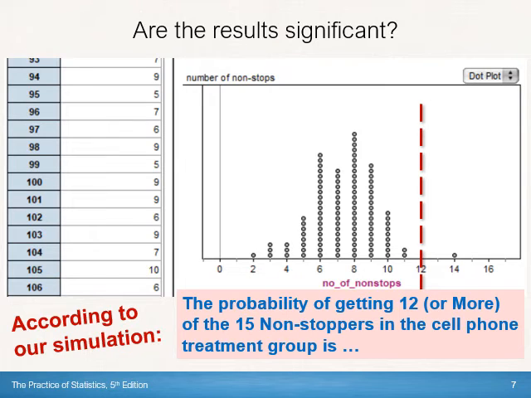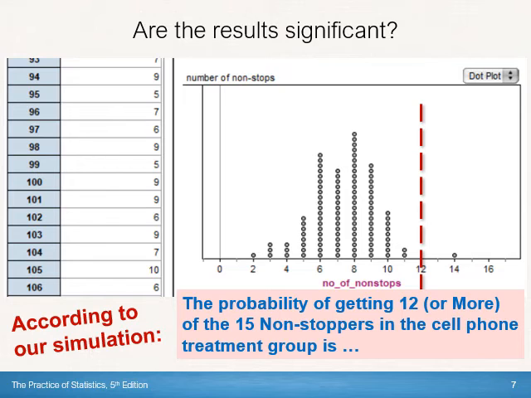So we want to say, what's the probability that we got 12 or more of the non-stoppers randomly assigned to the cell phone treatment group? Or in other words, according to our simulation, what's the probability that we got 12 or more aces or faces in our cell phone pile that we picked up and counted?